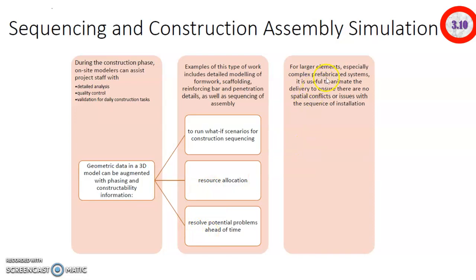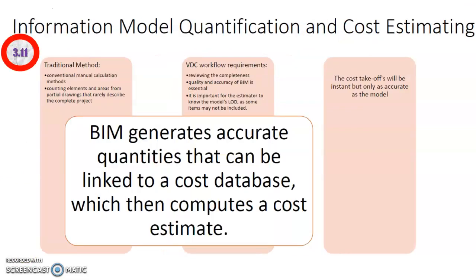For larger elements, especially complex fabrication systems, it is useful to animate the delivery to ensure that there are no spatial conflicts or issues with the sequence of installation. VDC will allow the stakeholders to carry out the information model quantification and cost estimating.